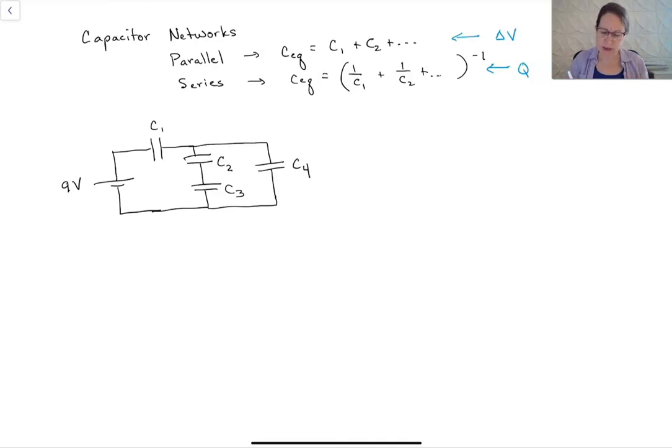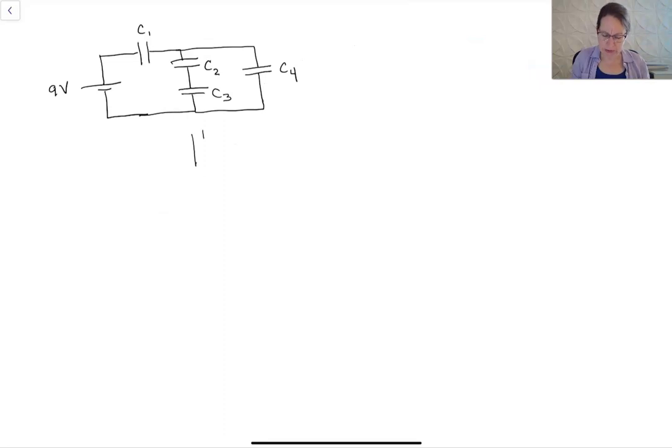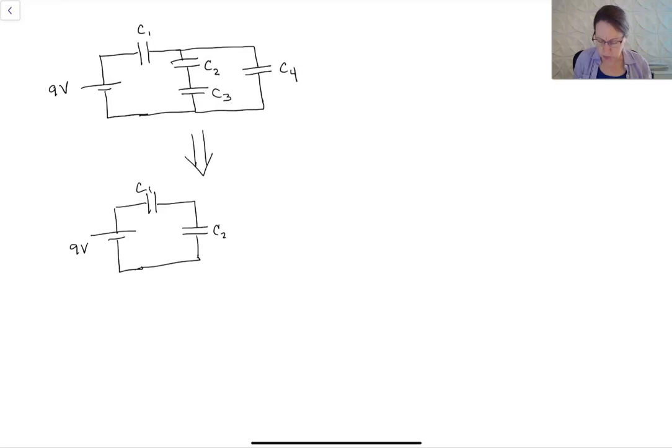So we're going to reduce this down, and I'm going to say, let's take this to 9 volts still, our capacitor 1, but this time I'm going to replace these two with a capacitor that's equal to capacitor 2, 3.